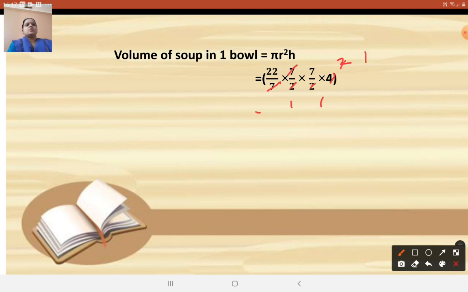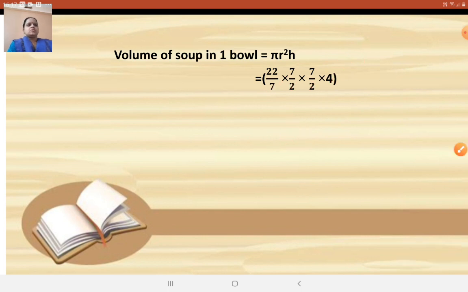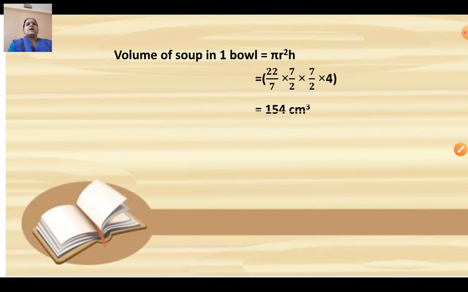So what is left? 22 into 7. If you have memorized your 22 table, you can get the answer easily. That is 22 into 7 as 154. Correct? So write down the answer as 154 centimeter cube.